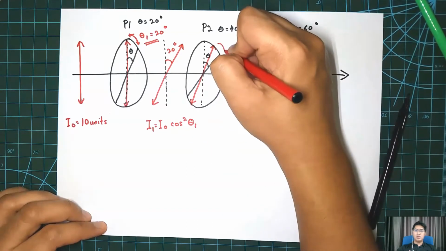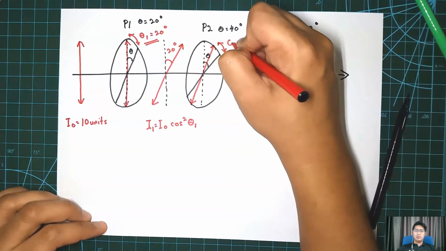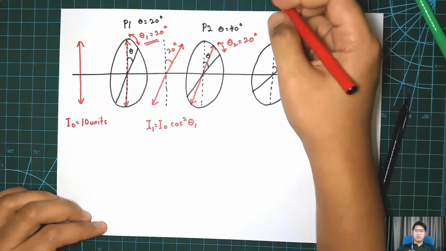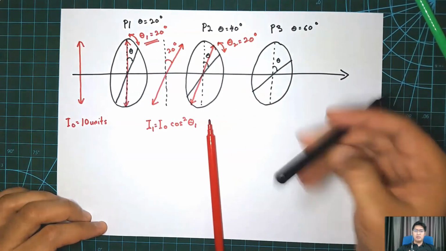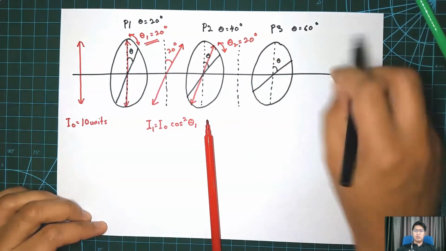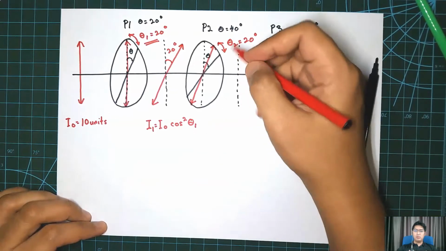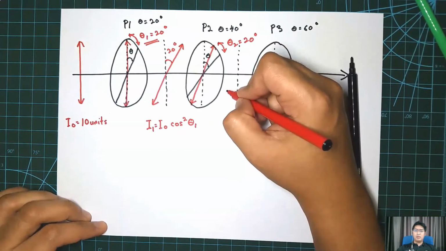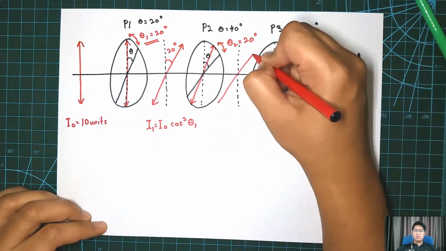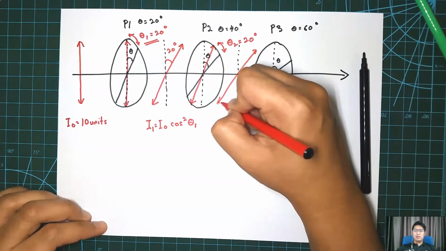Theta 1 is the angle between the incident light and the transmission axis. And then for the second polarizer, the light is incident on the polarizer, and the angle between the incident light and the transmission axis is also 20 degrees, because you need to look only at the angle between the transmission axis and the incident light.